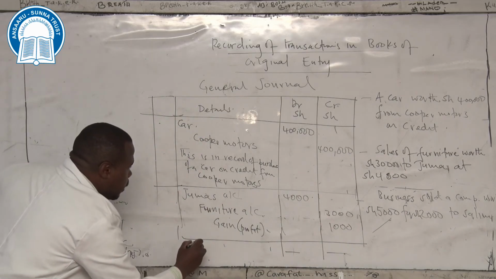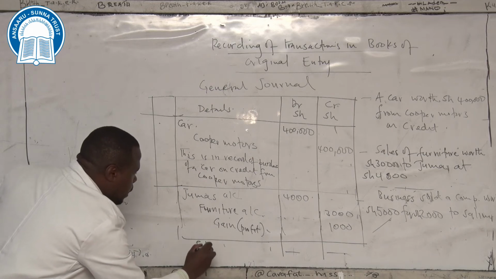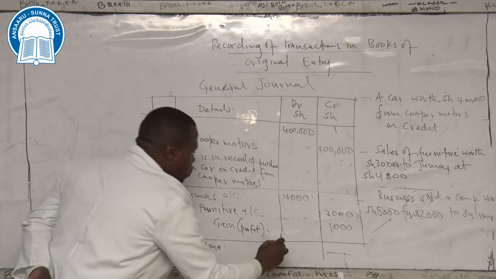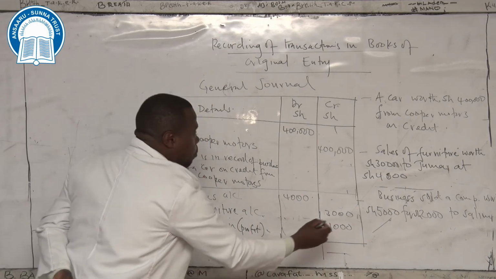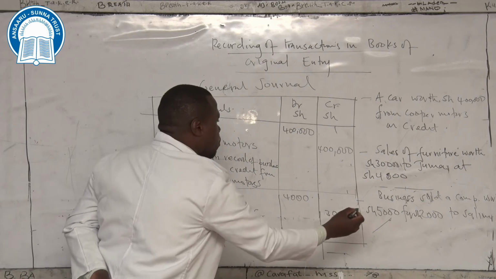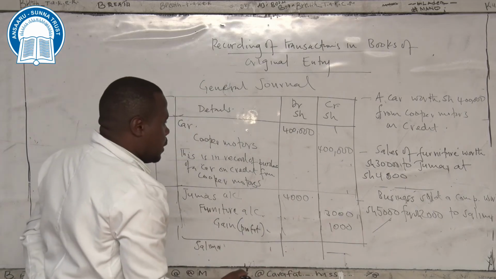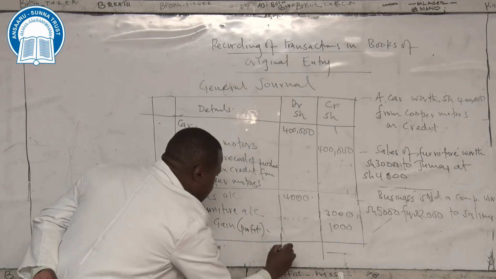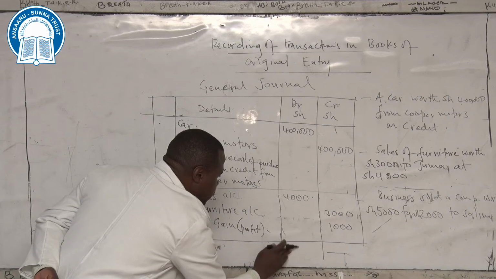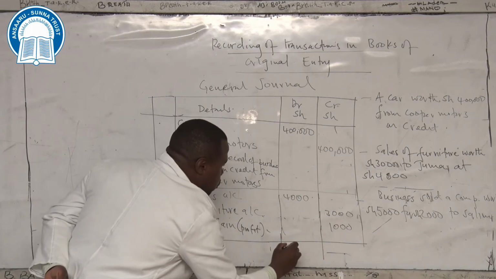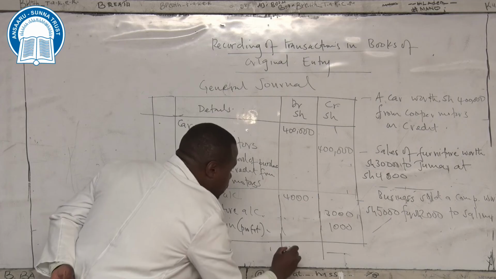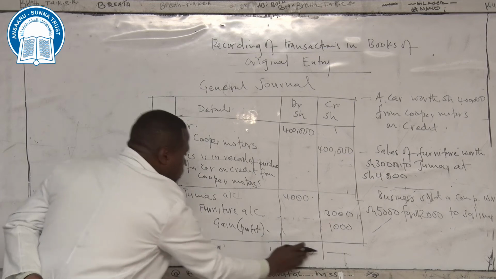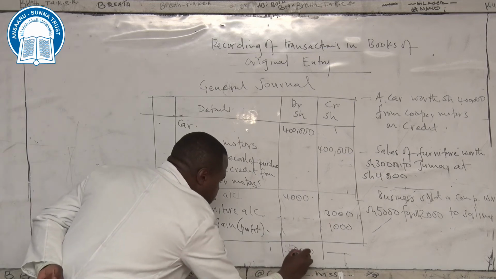So we'll have Salim as the person who receives that computer. Salim will get the computer, which was worth 5,000 but was sold at 2,000.